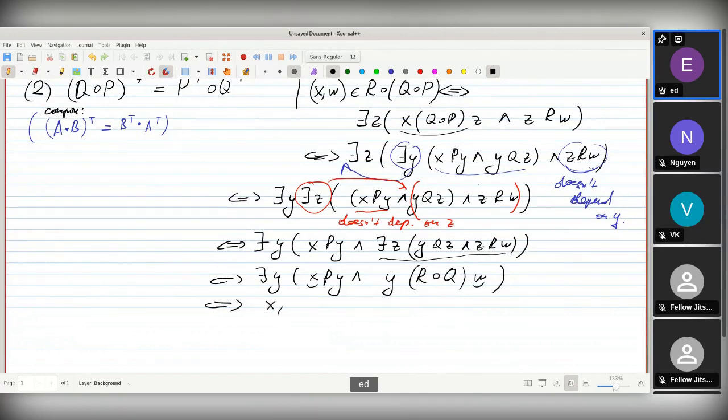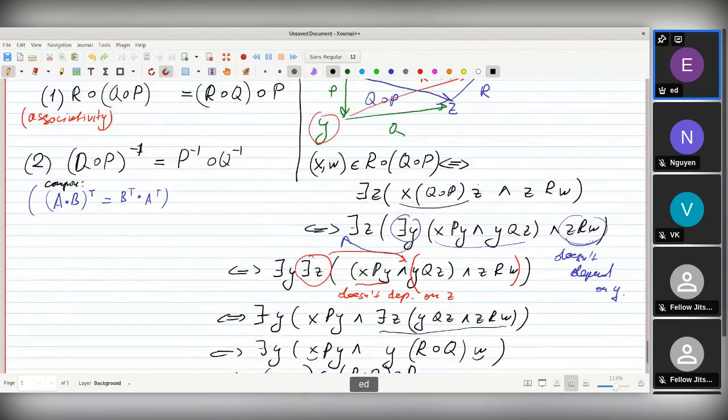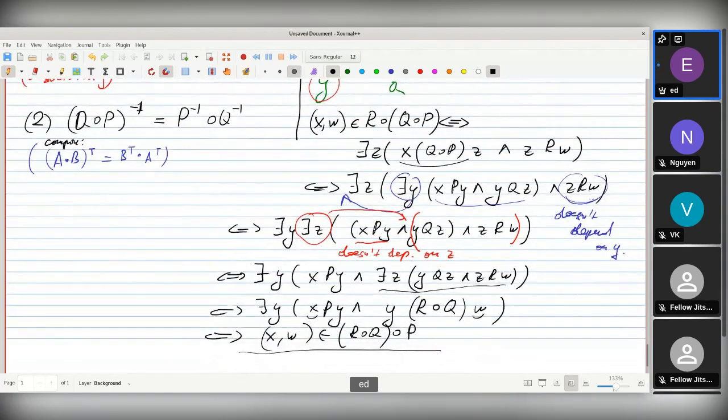So X, W belongs to this one. So XW belongs to this composition if and only if it belongs to this one. Hence, these two sets are equal. Is it clear? Yes.